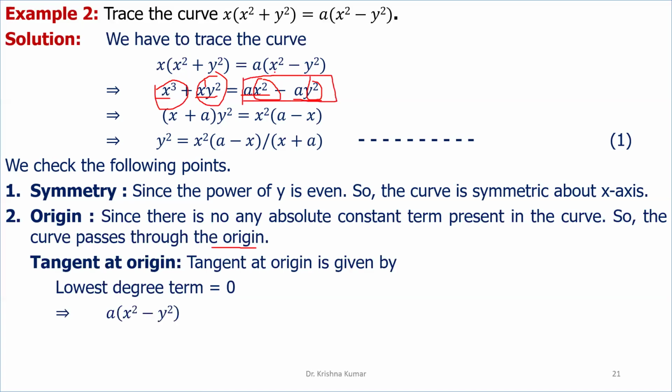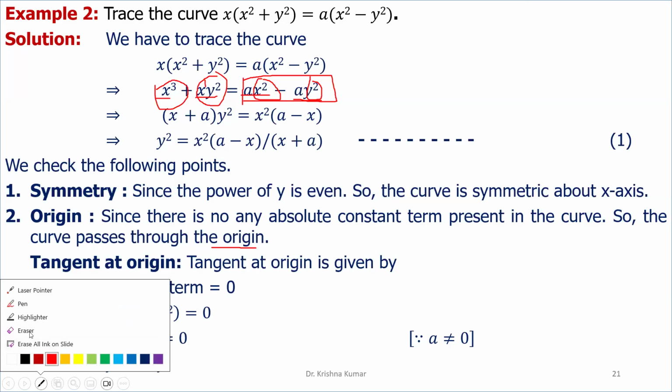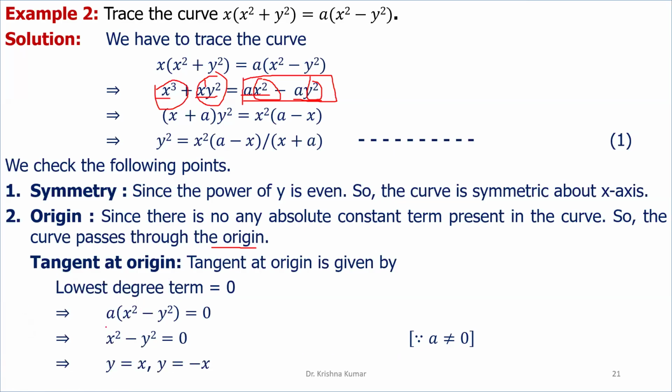So we can write a times (x square minus y square) equal to 0. Since a cannot be equal to 0, therefore x square minus y square is equal to 0.